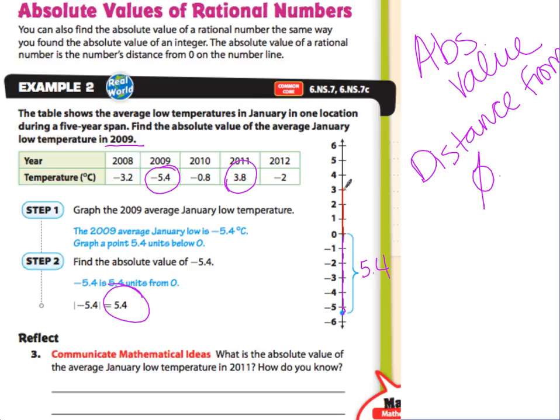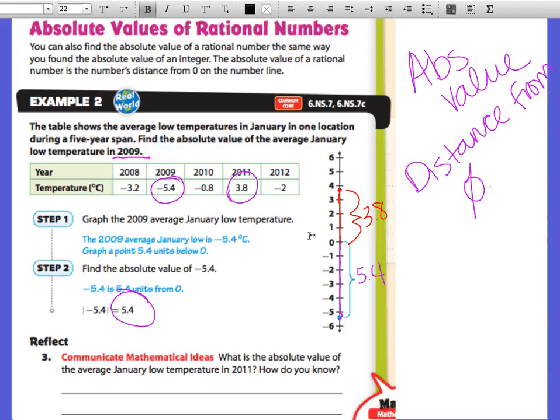Well, I know 8/10 is more than half, but it's not quite 4, so I'm going to plot it right about here. Okay? And I know that to plot that, I had to not only go 3 spaces from 0, but I also had to go that extra 8/10. So the absolute value of the temperature is 3 8/10.